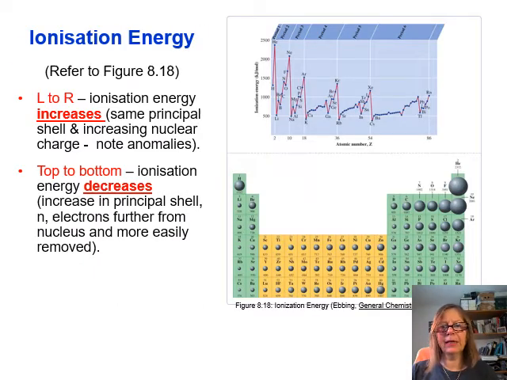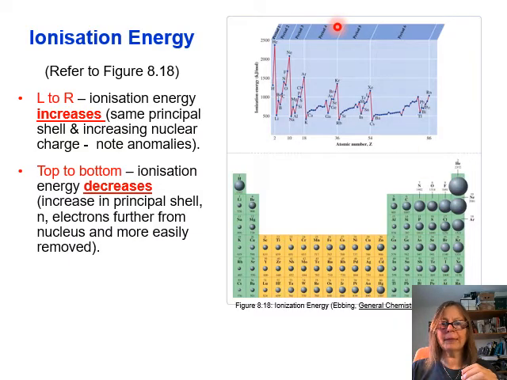How about the ionization energy for each element? This is the energy that it takes to remove the electron of highest energy from the element. Recall that full electronic configuration, such as that of the noble gases, is stabilizing. So it should not be surprising to you that those are the most stable elements that have the highest ionization energy.